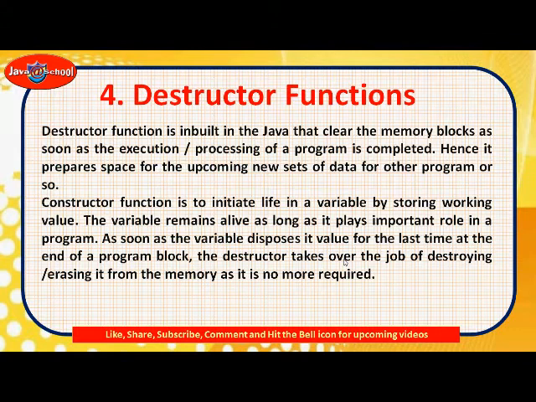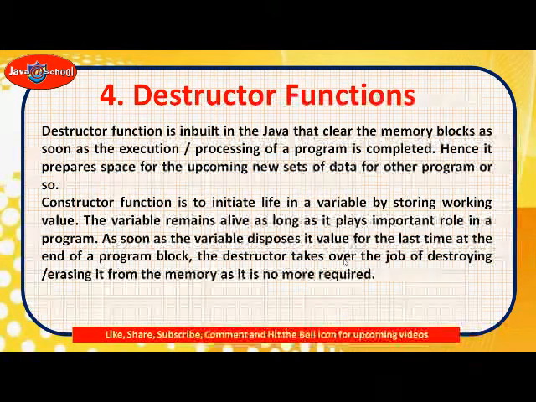After that, the destructor will take over the job and destroy the variable or erase the variable value from the memory because that is no more required. The answer is obtained, the value is displayed already, no more required. So it will clear up from the memory.